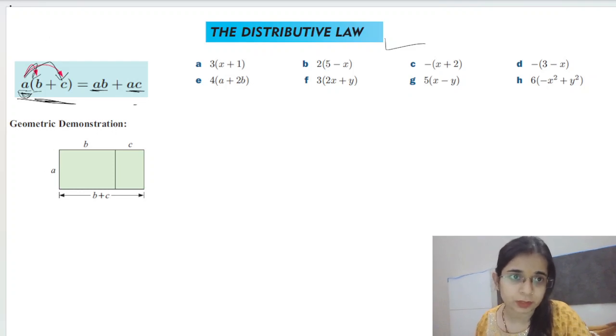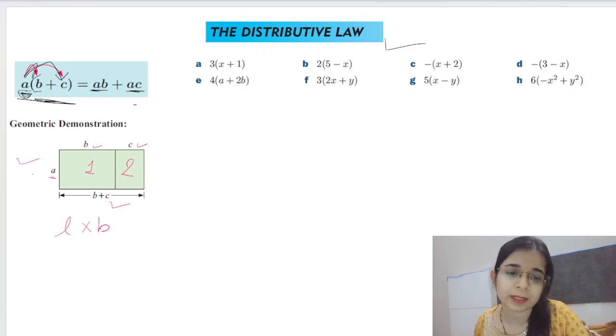Now focus here, this is the geometrical representation of the above expression. See what's happening here. This is a rectangle in which the breadth of the rectangle is, suppose, A, and the first rectangle's length is B, and there is a second rectangle attached whose length is C. So when you combine these two rectangles, we get the length as B and C. When we talk about the area of the larger rectangle, what is the area of a rectangle?